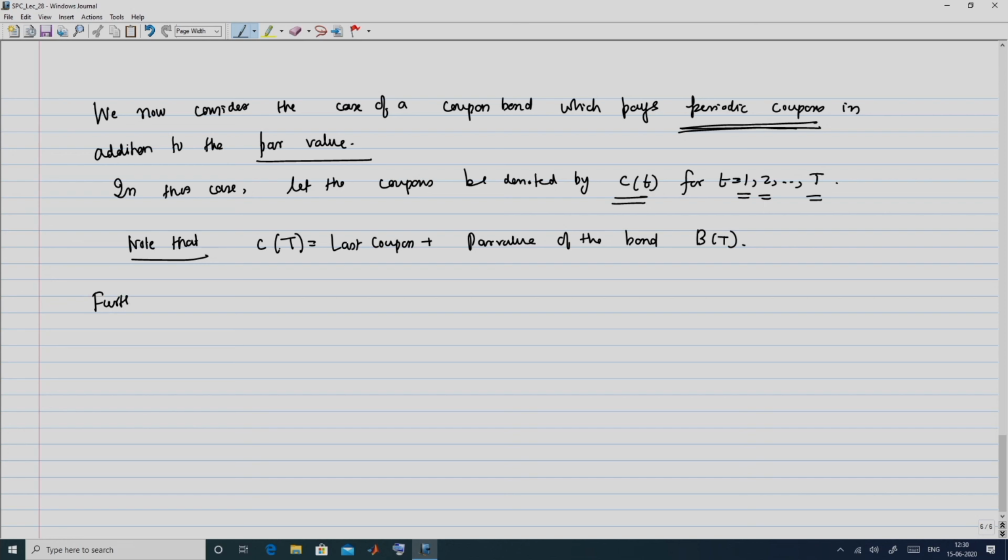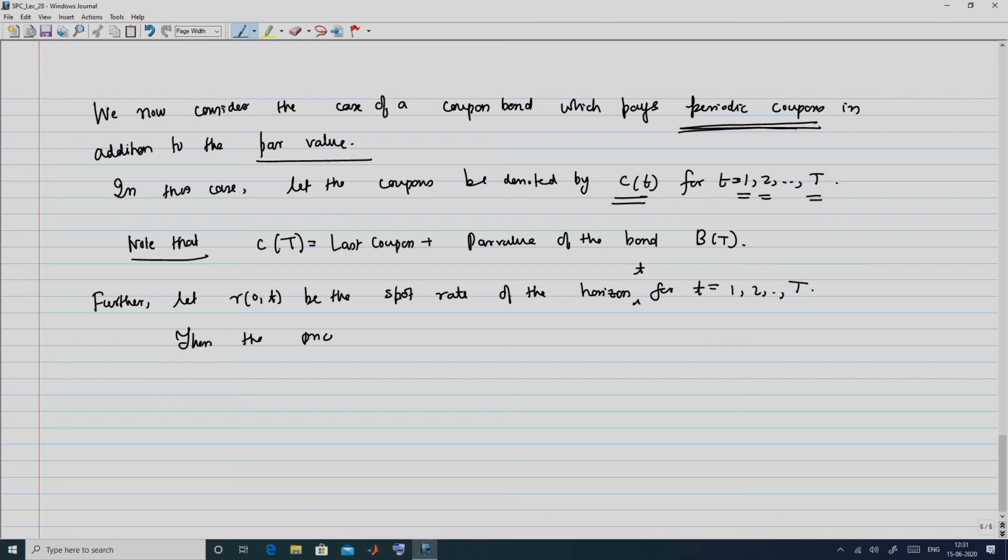Further, let R(0, t) be the spot rate of the horizon for the horizon little t, for little t equal to 1 all the way to capital T.